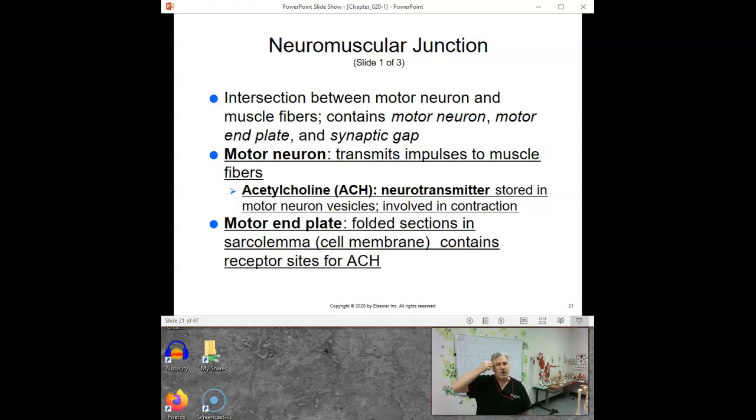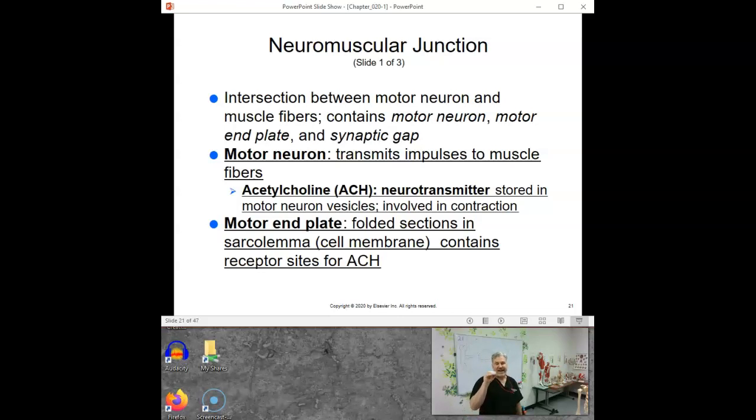Those are the nervous wires that are hooked to tell my motor units what to do, and my motor units are my muscular fibers. So those are motor neurons. And at the end of these motor neurons is something called acetylcholine that is a neurotransmitter. That is a big fancy name, but what it really means is that it helps the nerve to transmit its message.